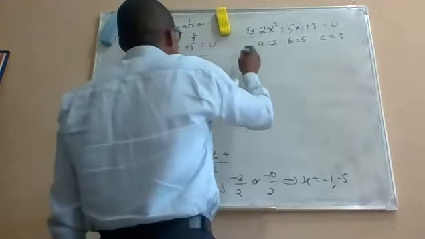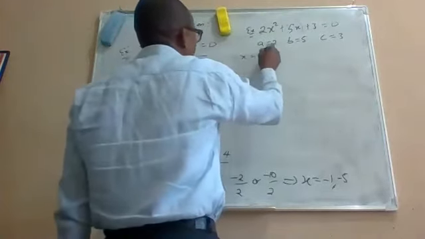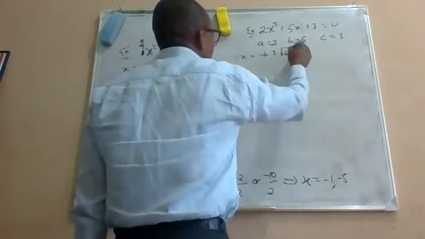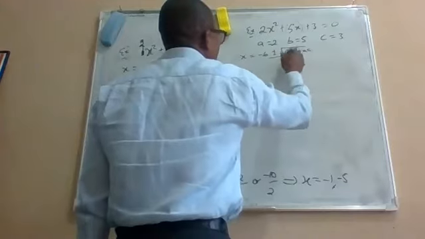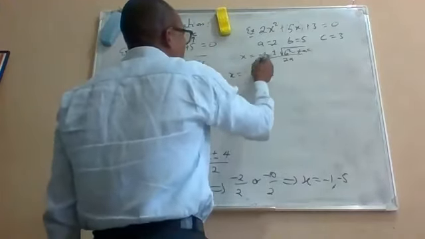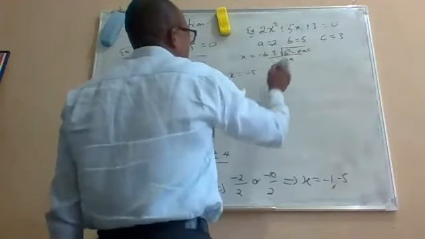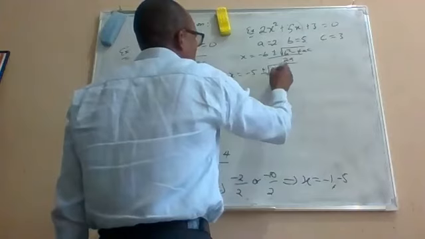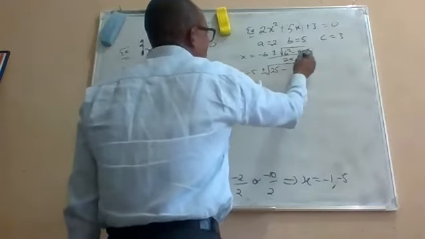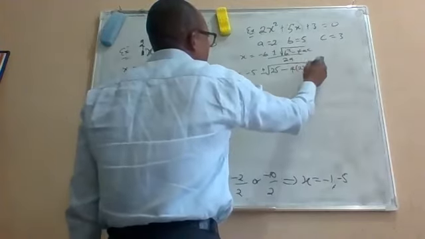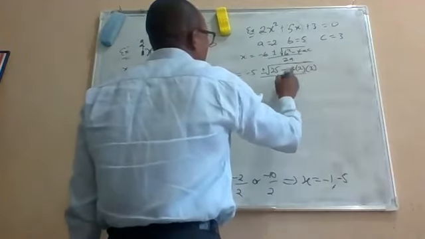So the formula again is S is equal to minus B plus or minus square root of B squared minus 4AC over 2A. Substitute the value. This will be S is equal to minus B, B is now 5, plus or minus square root of B squared, which is 25, minus 4, A is 2, then C is 3, everything over 2A.